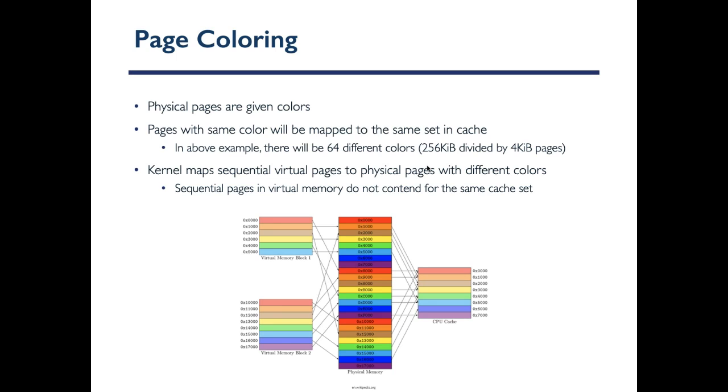So if you have virtual pages consecutively in the address space of a process, and you want to find physical pages for these, you just try to find different colors, because these different colors would mean that these physical pages would be mapped to different sets, and they wouldn't be competing against each other.